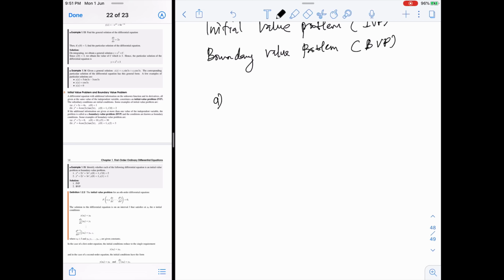For example, if you have one differential equation, and the condition given to you is equal to 1 over here, since here is 0, we call it an initial value problem. And let's say you have a second order equation, for example with sine 3x, and you are given two conditions.